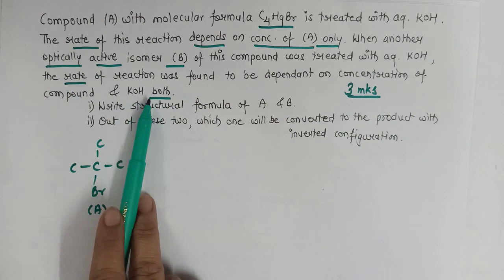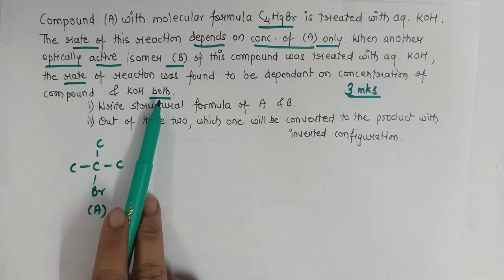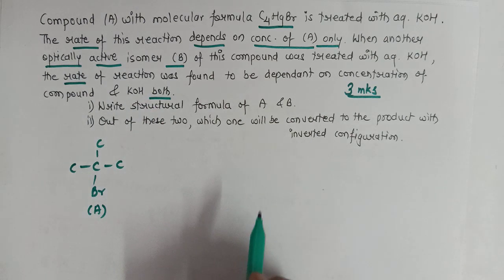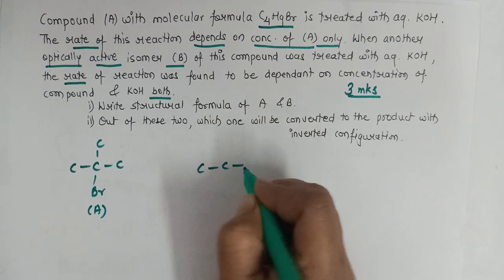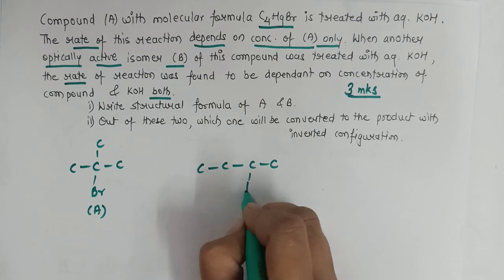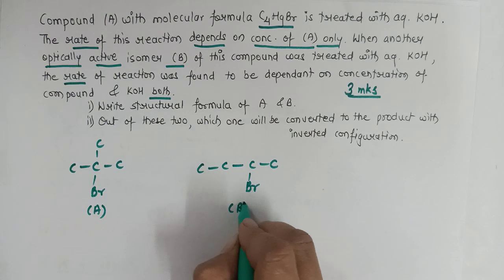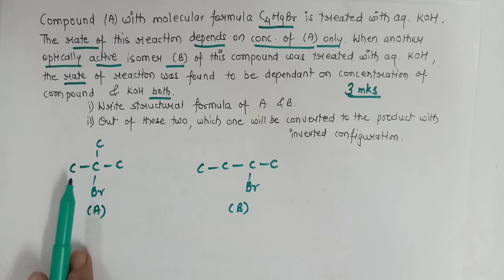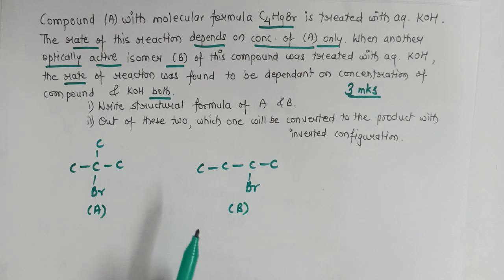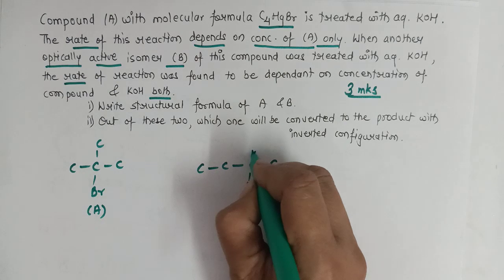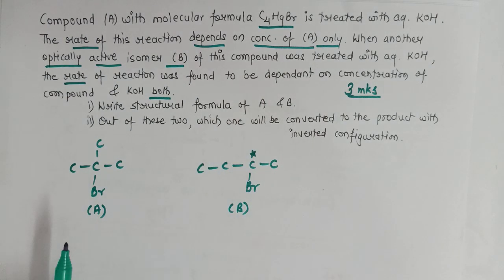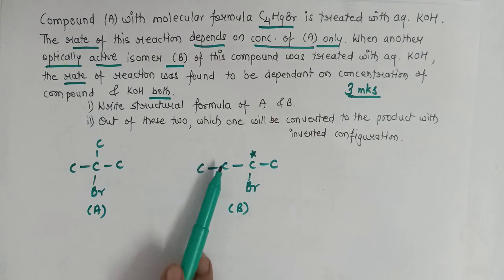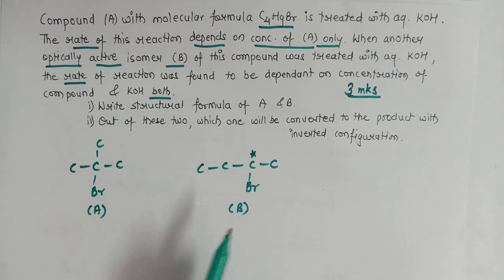Since the rate is dependent on both, that means it will be SN2 reaction. Now chiral carbon, and therefore this will be compound B. This is the isomer of A, as well as it will be optically active as 4 different groups are attached, 1, 2, 3 and one more will be hydrogen, and therefore this will be optically active isomer.